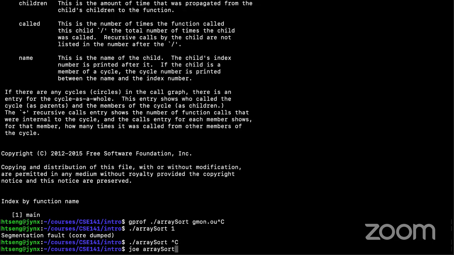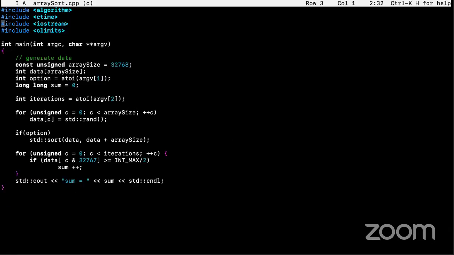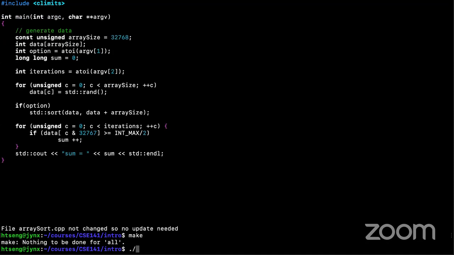Oh, I already changed the program, so array sort 0, and the second argument, I run it with 1.